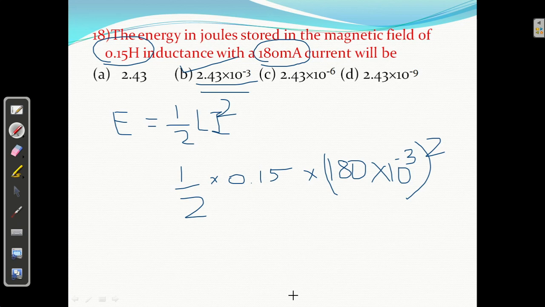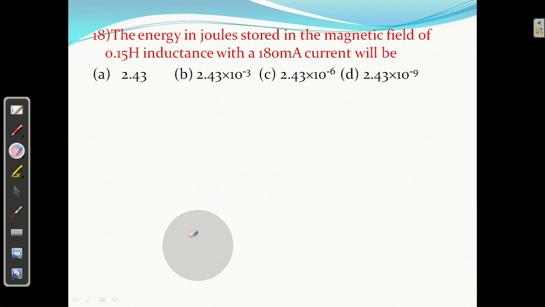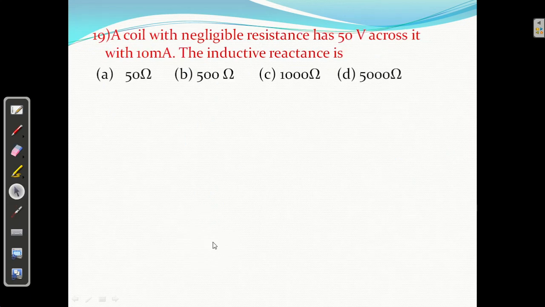Now I'm going to talk about question number 19. A coil with negligible resistance has 50 volt across it with 10 milliampere.